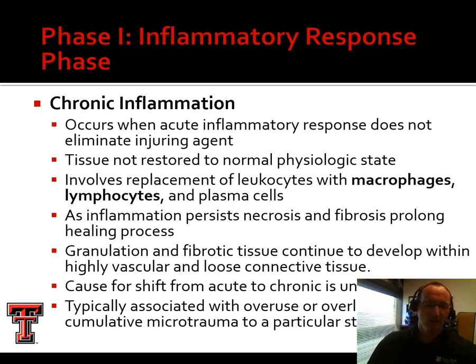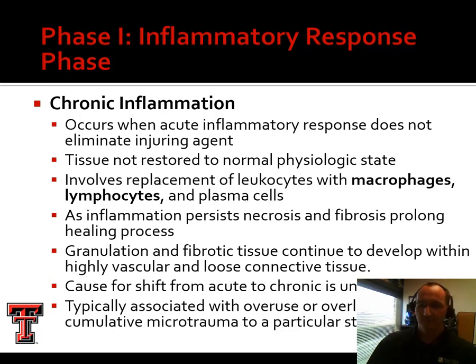Okay, the cause for this shift from acute to chronic inflammation really isn't known. Sometimes there's just really not a valid reason for that inflammatory response to persist. But oftentimes in athletics, it's due to improper loading. The athlete continues to try to participate through even when they shouldn't.